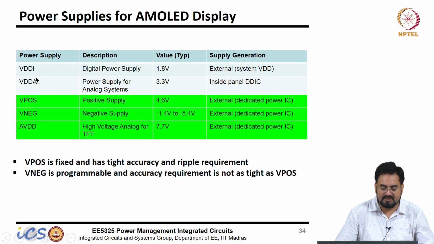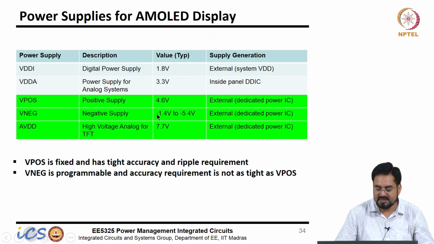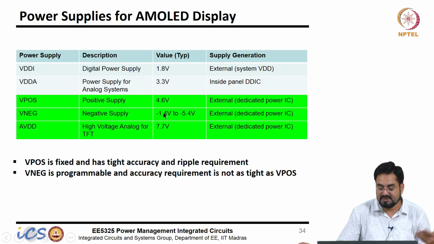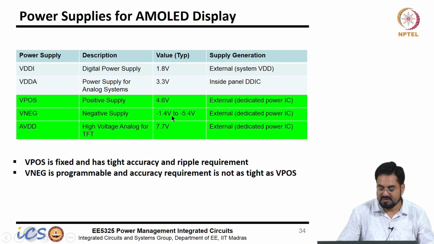So 1.8 volt for your digital and analog 3.3 volt, then 4.6 positive and the negative. I am mentioning here minus 1.4 and here minus 0.8 because older displays required only minus 1.4 lower, but now our newer displays are requiring minus 0.8 volt, the minimum voltage.